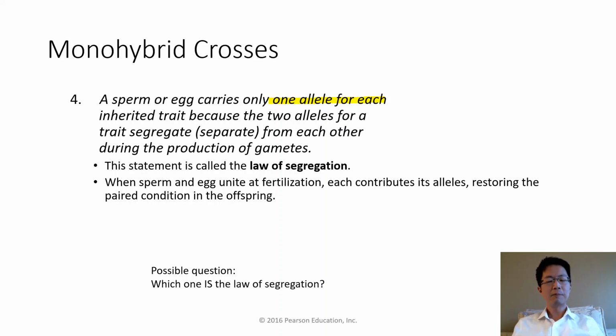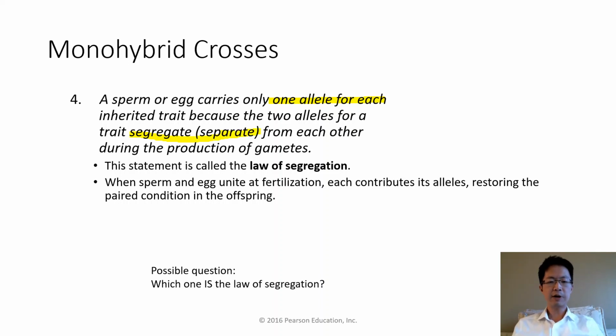Remember the meiosis we talked about previously? Meiosis reduces the number of chromosomes from diploid to haploid. So in other words, all the gametes only have half of the chromosomes. That's why this is what we call segregation, or separate.